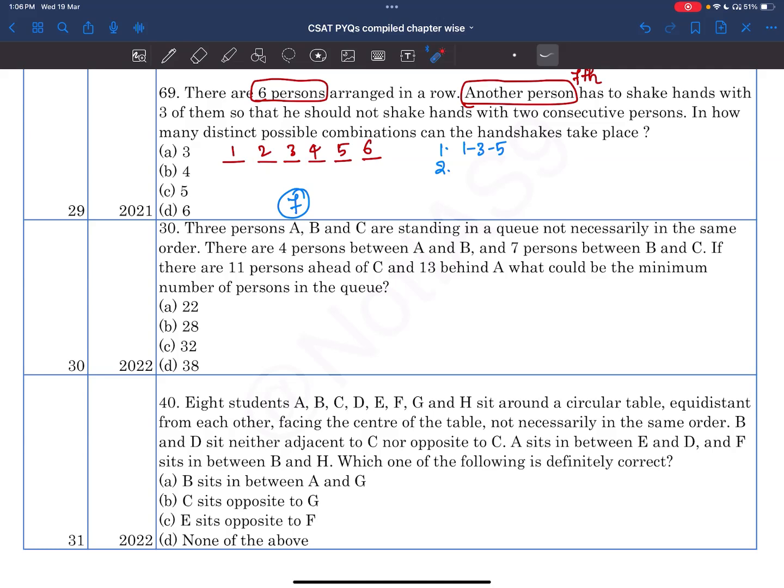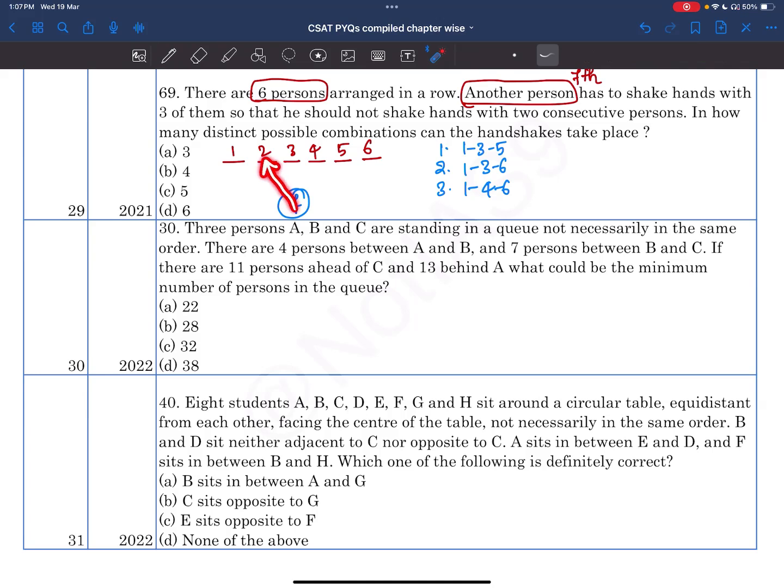We should not take consecutive, but we can take different ones. So 1, 3, 6 is also a combination. This is also possible: 1, 4, and 6. The third combination will be 1, 4, 6. Yes, all the combinations with 1 are done.